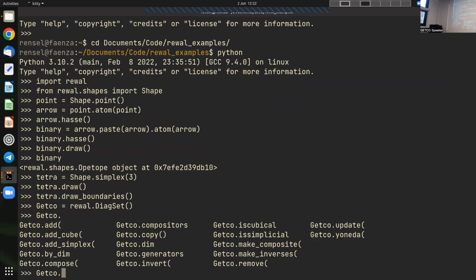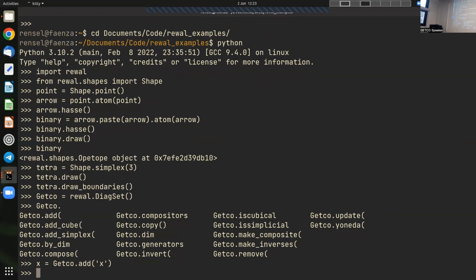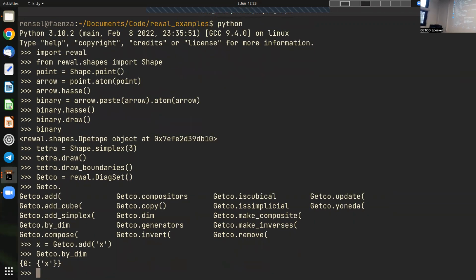The main thing is that we can add generators. For now, I can only add points. So I'm going to add a point, and I'm going to give it the name X. This is also going to return the diagram corresponding to this generator, and I'm going to assign it to the variable X.